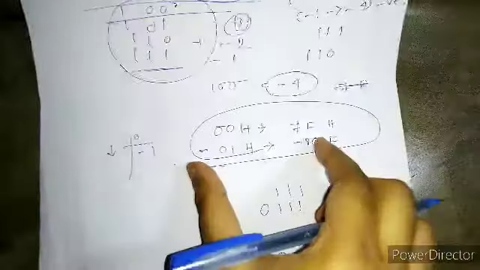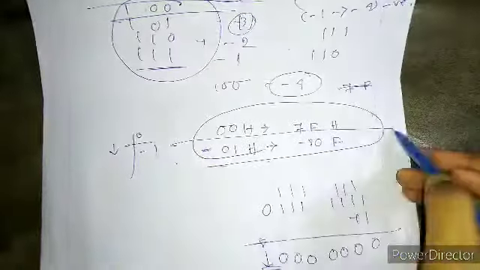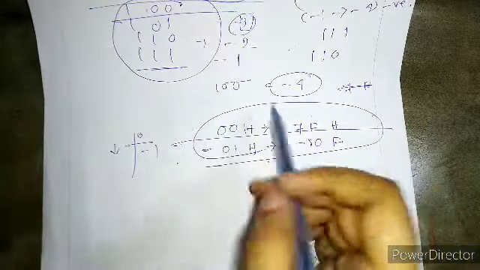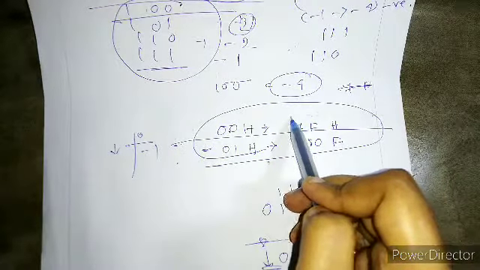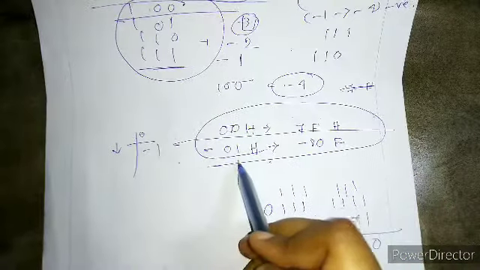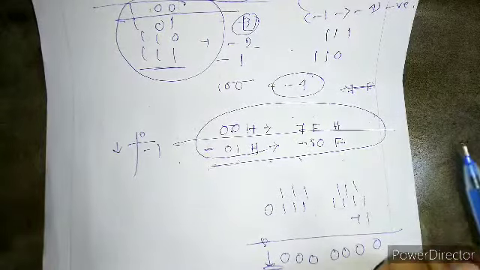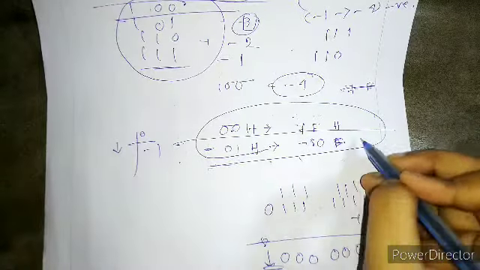This is the range. The positive numbers using this combination can be from 00H to 7FH, and the negative numbers from minus 01H to minus 80H.